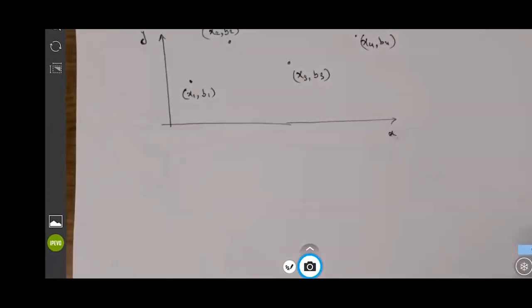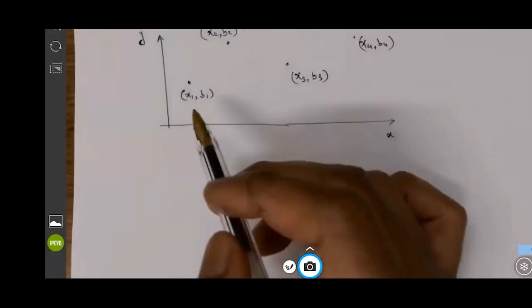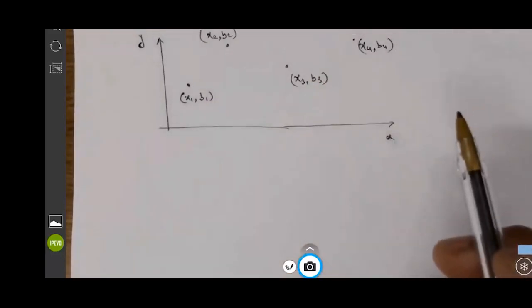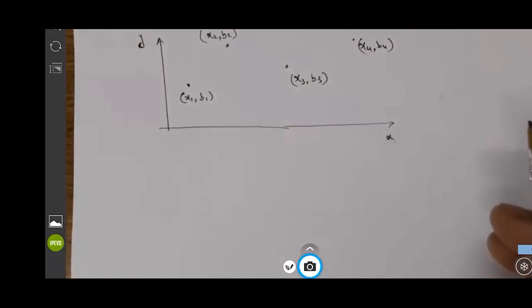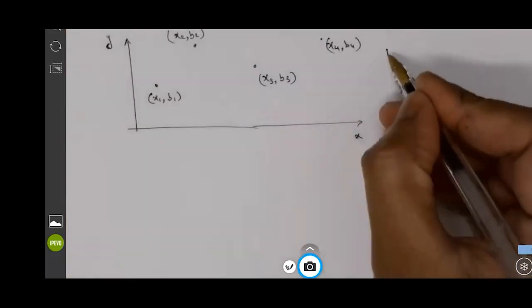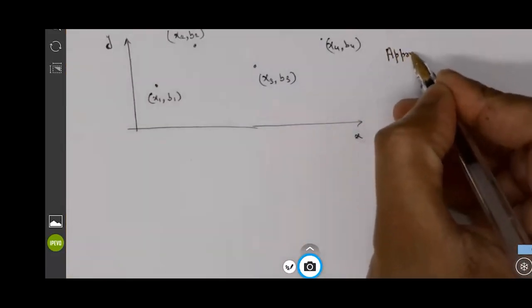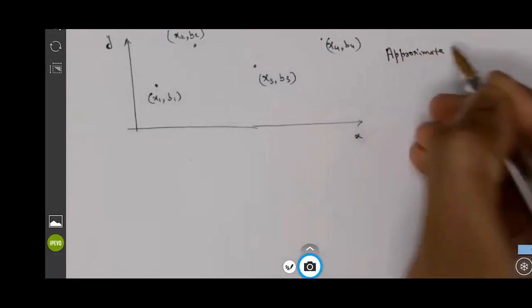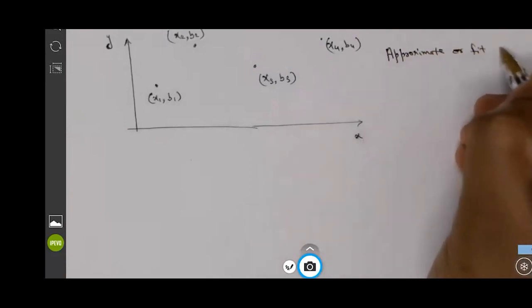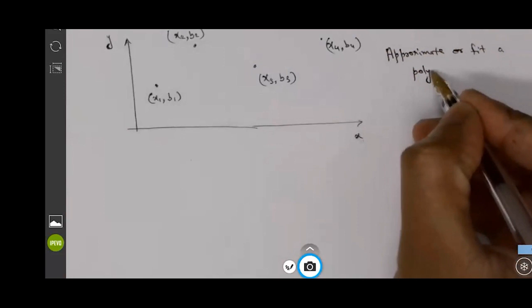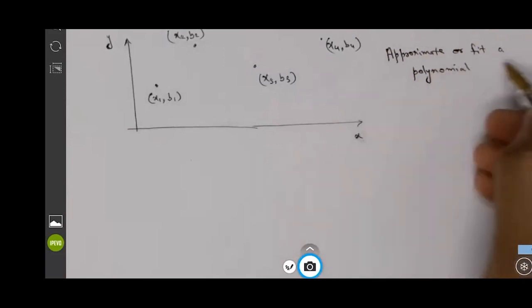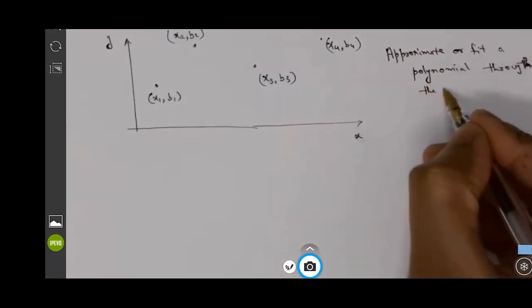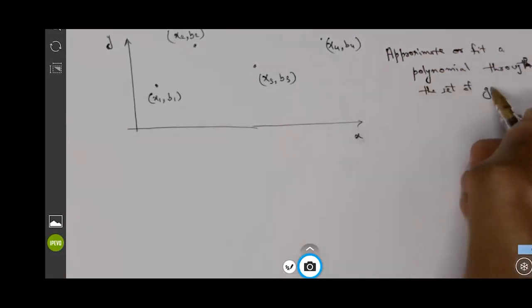So let's say I want to fit a polynomial curve through this set of points. What I would like to do is approximate or fit a polynomial through the set of given data points.